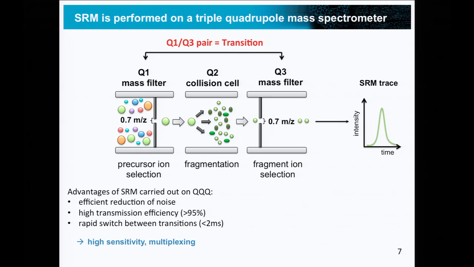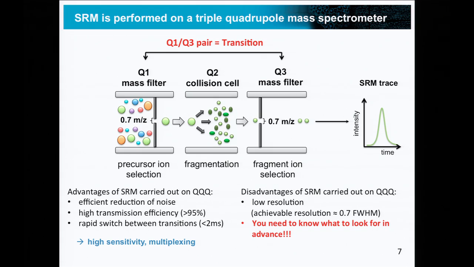So 95% of this selected peptide precursor ion and this selected fragment ion will actually manage to pass through this quadrupole when you filter for them. And you can very rapidly switch between transitions. You can change the settings and select different precursors and different fragment ions. And this is why you can do this multiplexing in your SRM measurement.